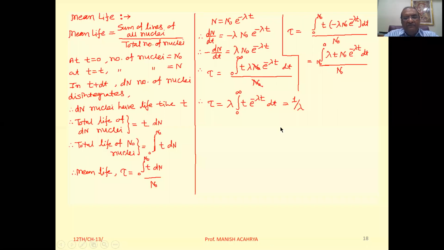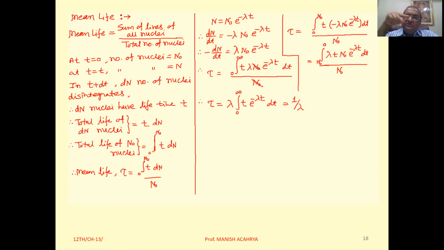Mean life. Now the mean life of any element is the summation of the lives of all nuclei divided by the total number of nuclei. That is the mean or average life.